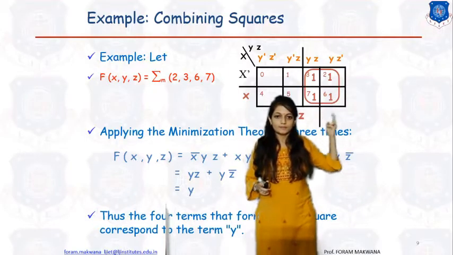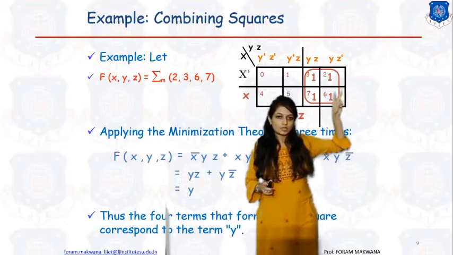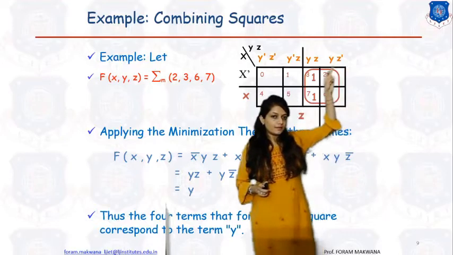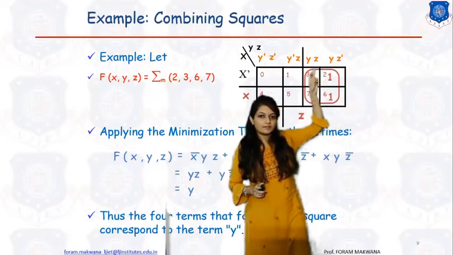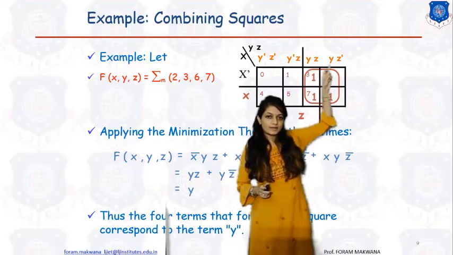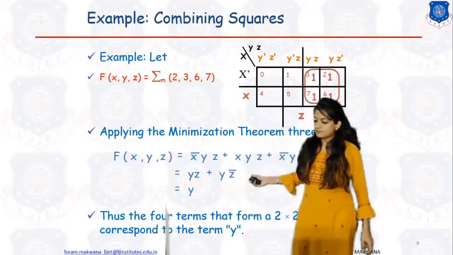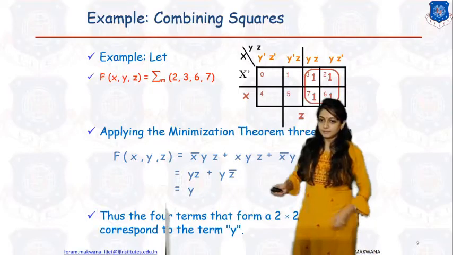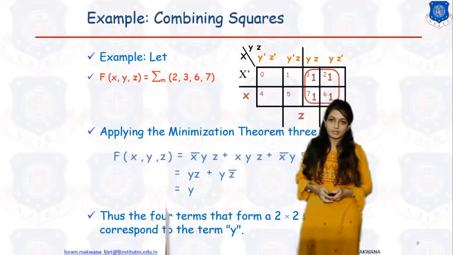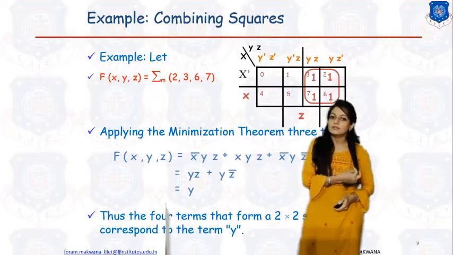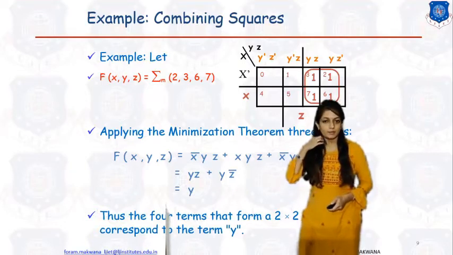One is common. In these two columns, what is common? Over here, yz dash is there and yz is there. So here y and y is common. So the answer is y. Right? This is the way we are going to combine the squares in 3 variable K map. Alright?